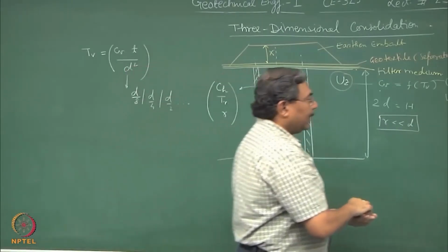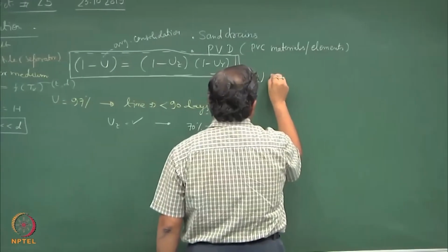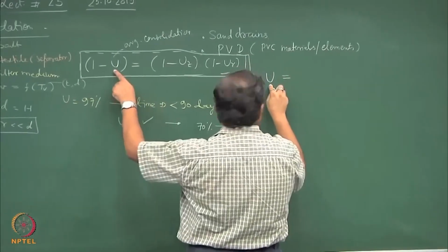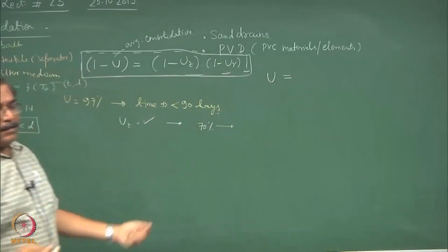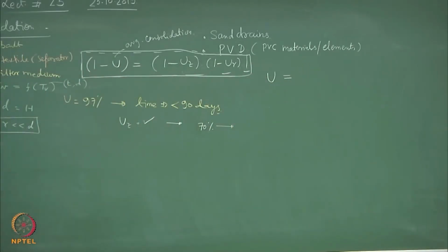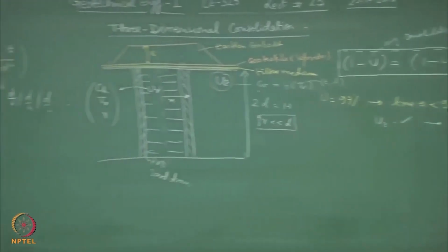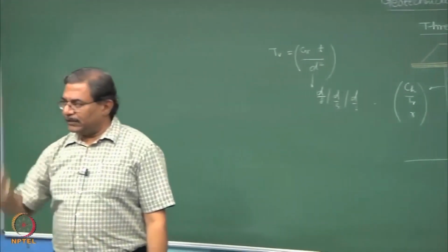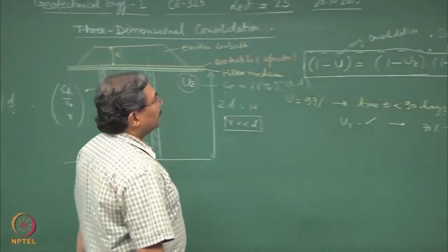So, I can say that in this expression, the design U value will be given by the designer, that I can tolerate only, let us say, 3% settlements after 2 years. Railway tracks, you can't really take a chance.